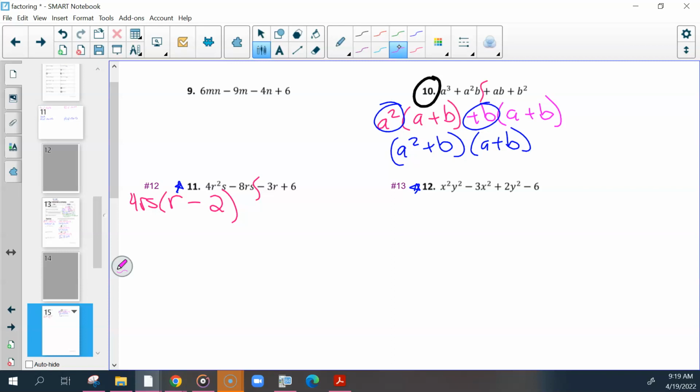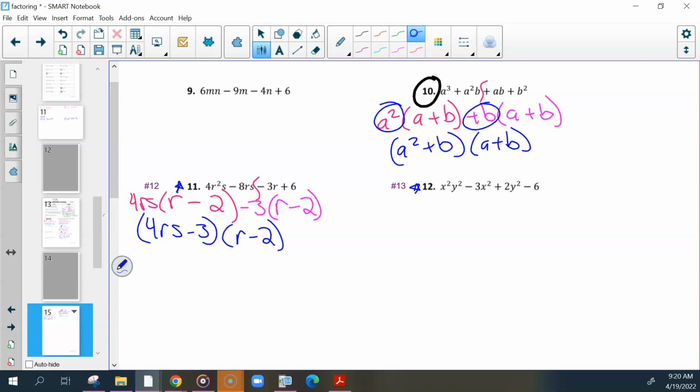No, it's -3. The GCF is -3. And that would give us R minus 2. So our two factors would be 4RS minus 3 and R minus 2.